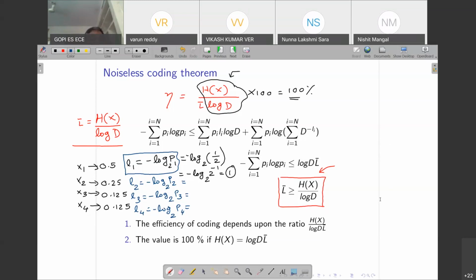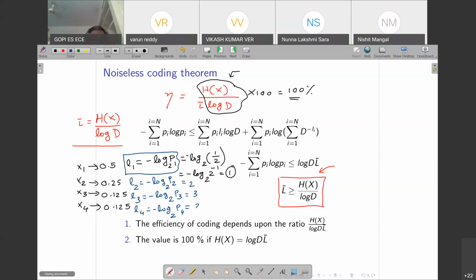If I'm choosing this one like this, and I am going to use now this, the number of symbols is going to be here, right? So now what is happening is L bar is equal to h of x by log base 2 of the number.